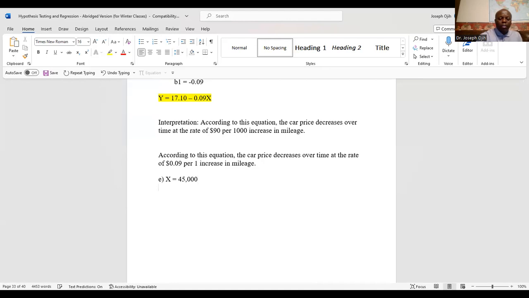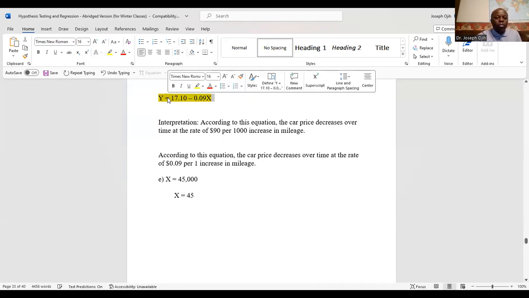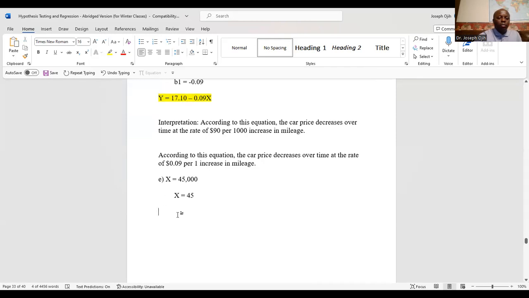So we're going to write it as X, because remember we removed all the zeros. So X equals 45. To answer that question, we just use the regression equation and plug it in. Y equals 17.10 minus 0.09X.